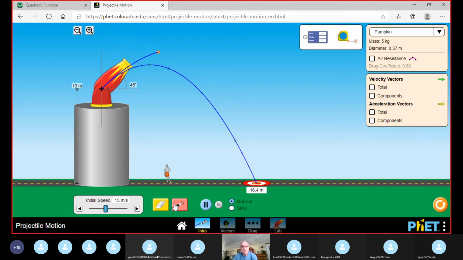You don't hit that. Look, too much velocity. Not enough. Any question? Do you understand or don't understand?